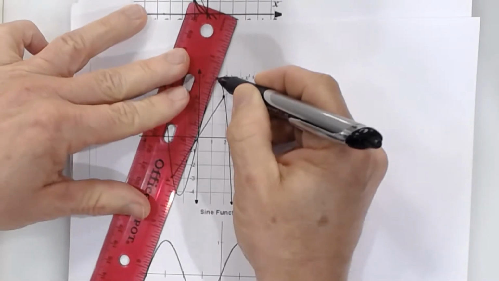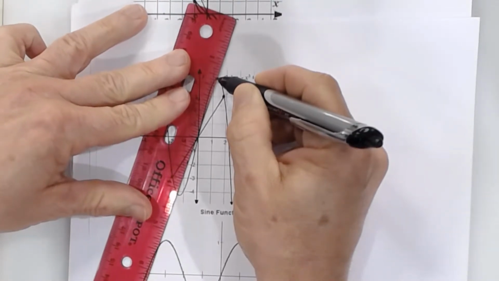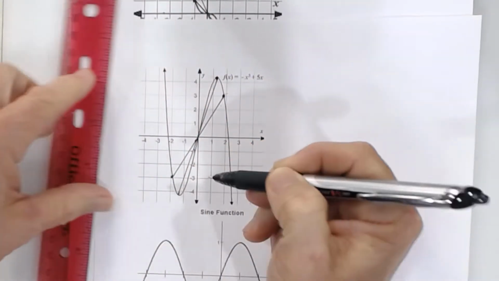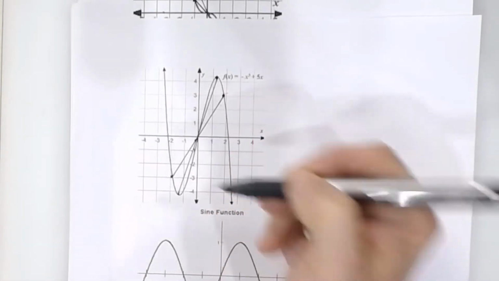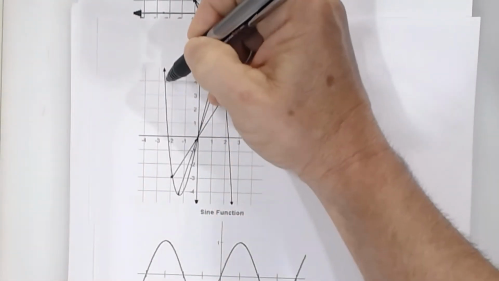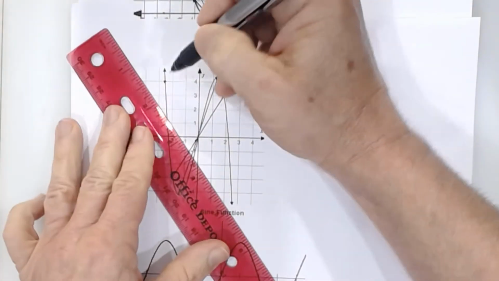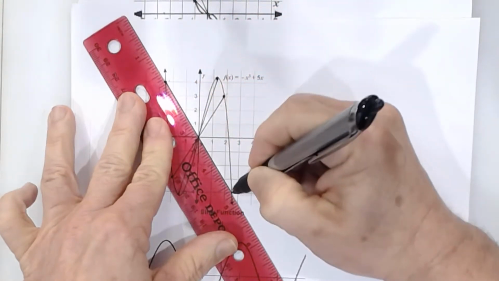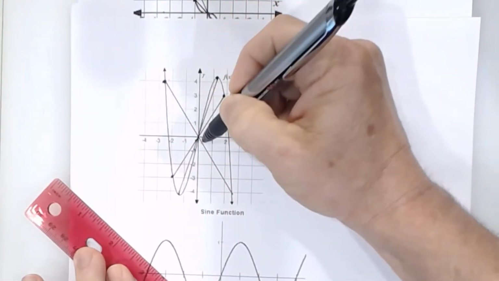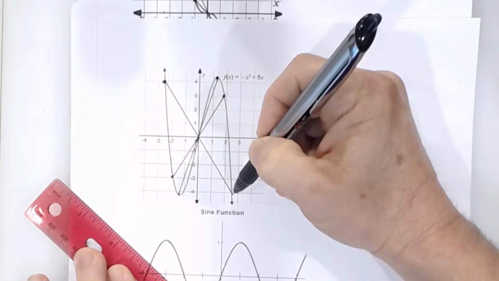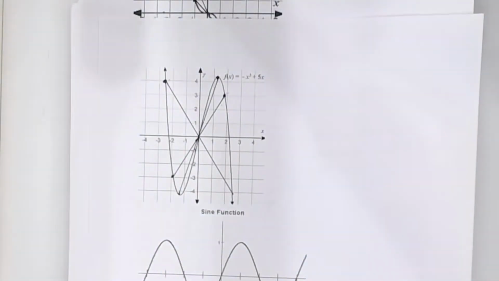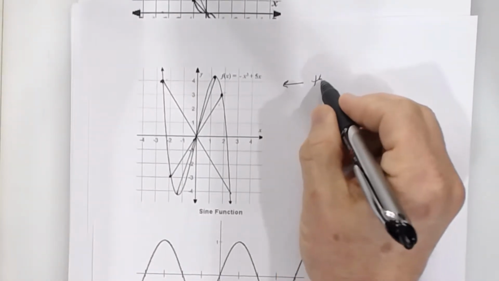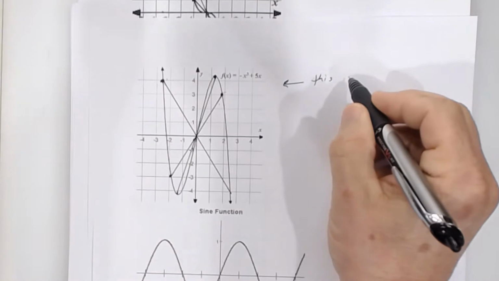You reflect about the origin and you get this point. Those distances should be the same. This point here, reflected about the origin, that distance should be the same as that distance, correct? So this relation is symmetric about the origin.